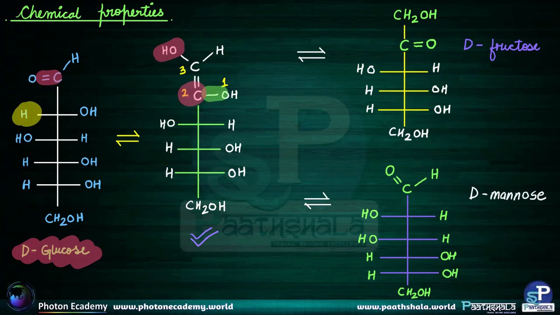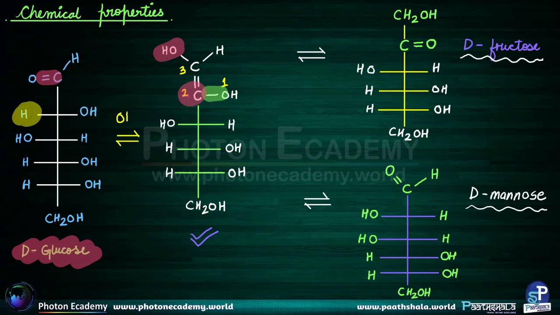And now this compound that we just formed is named D-mannose. Okay. So we got a D-mannose, we got a D-fructose, all because we tautomerize this particular glucose in an acidic medium. So all of them will be existing in equilibrium. Say if I have D-glucose in a solution, then the rest of these, that is the D-fructose and D-mannose, will also be existing in that solution.